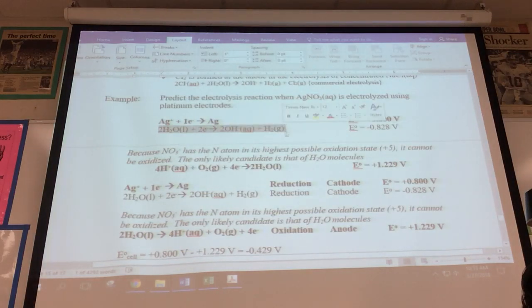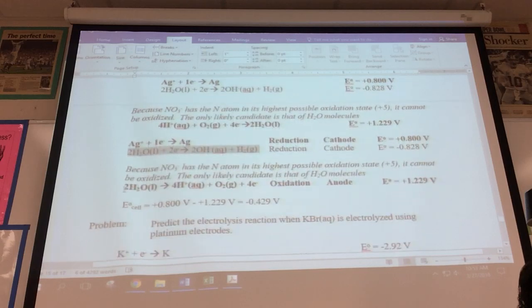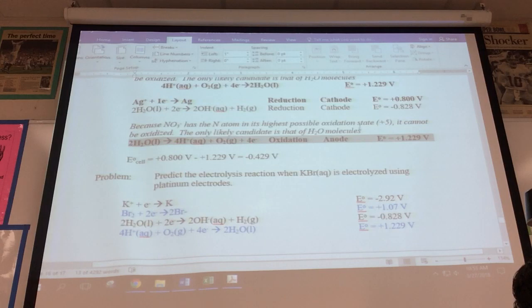Here's your splitting of water, reduction of water, re-shown here. Here would be the oxidation flipped over. And now it has to be cathode minus anode, so it's something minus something to give you a negative. So why would you pick this now instead of that one?